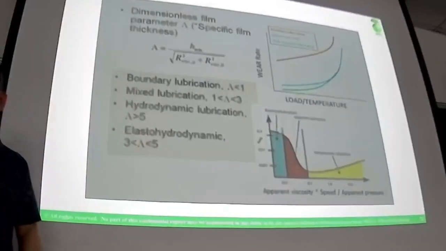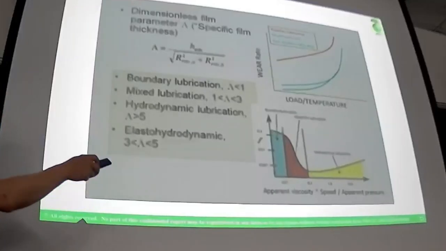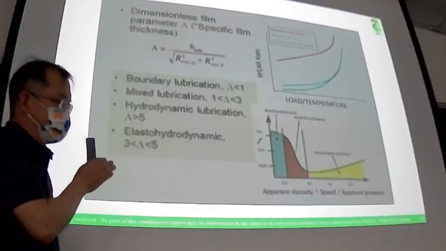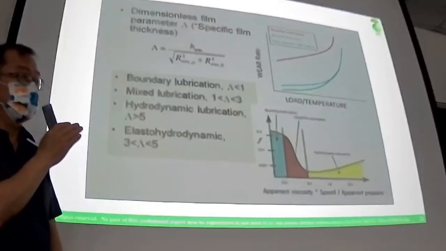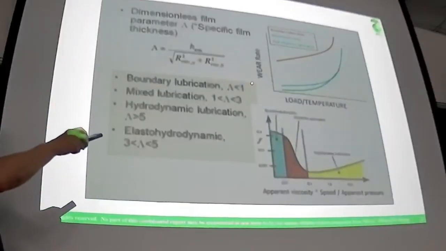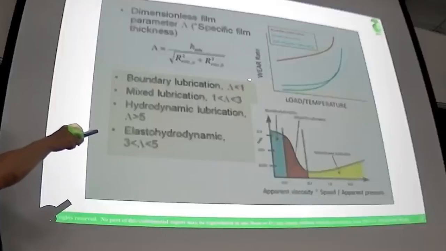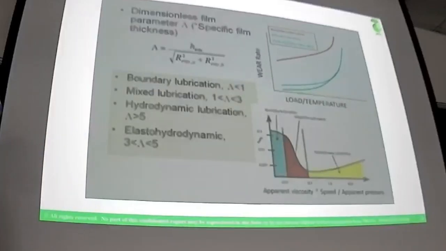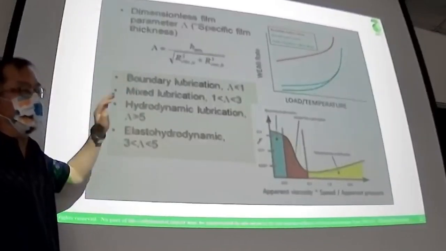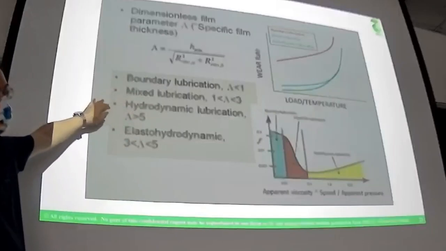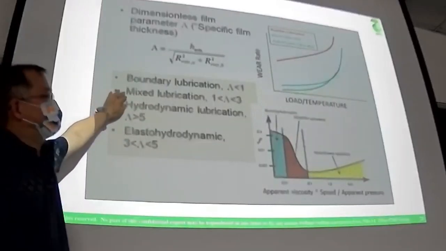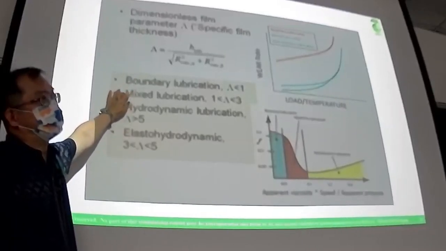So this lambda value is a measurement of the distance between body 1 and body 2, the two contacting surfaces. Okay. If you have a smaller lambda value, that means part of the surface asperity will be in contact. Maybe the percentage of contacting asperity is more than 50%. And for mixed lubrication, still some high asperities of the two surfaces will be in contact, so maybe the contacting area is less than 30%.